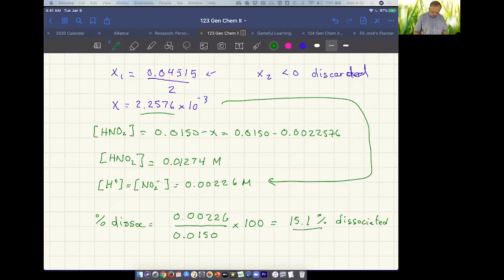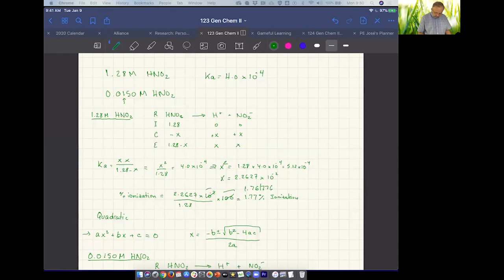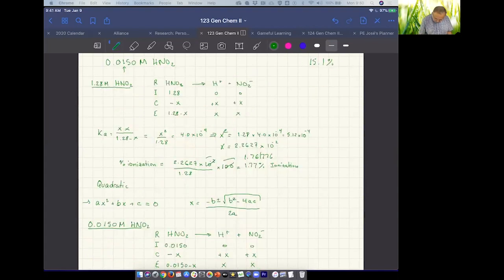So the weaker solution is this one here. So percent dissociation: this is 15.1%, while this one was 1.77.